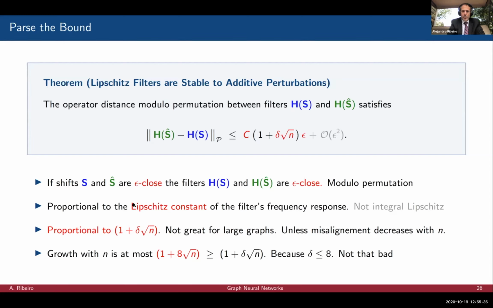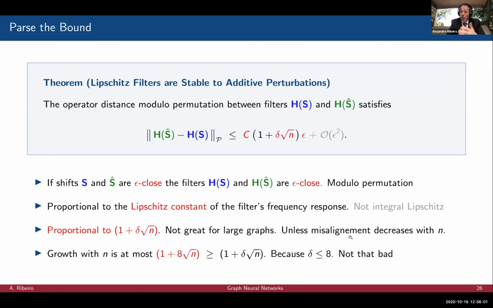The other important point here is that the bound is proportional to the Lipschitz constant of the filter's frequency response C. Not integral Lipschitz, by the way, Lipschitz constant of the filter frequency response. And it is also proportional to 1 plus delta square root of n. This means the bound is not great for large graphs, okay?